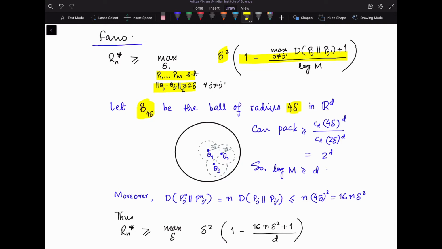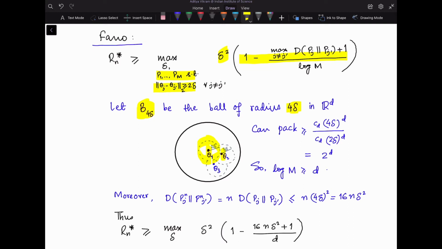So once we are in this ball, we choose some theta 1. Now take this ball of radius 2 delta around it, and choose any point outside this ball and call that point theta 2. So the constraint that theta 2 should be at least 2 delta far from theta 1 is satisfied.